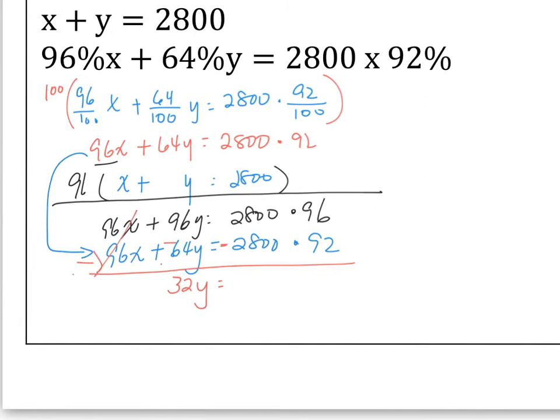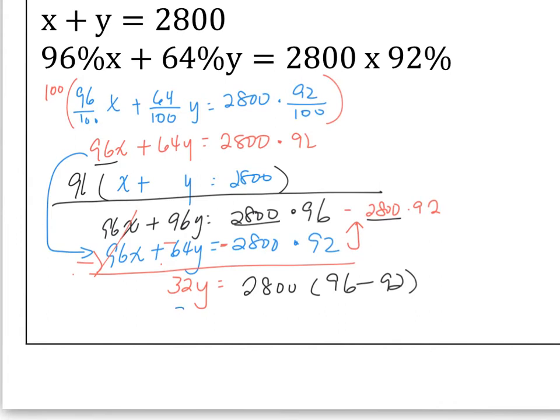Okay, so if I rewrote this part up here, subtract 2800 times 92. I can actually factor out 2800 by the distributive property and write it as 2800 times 96 minus 92. So I don't have to do a lot of multiplying.